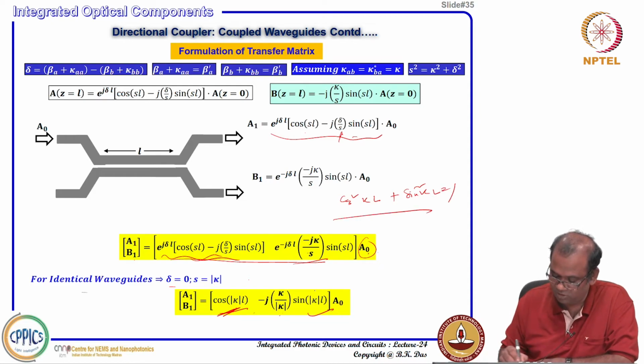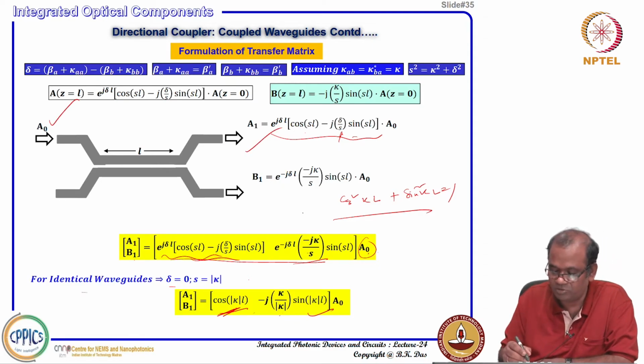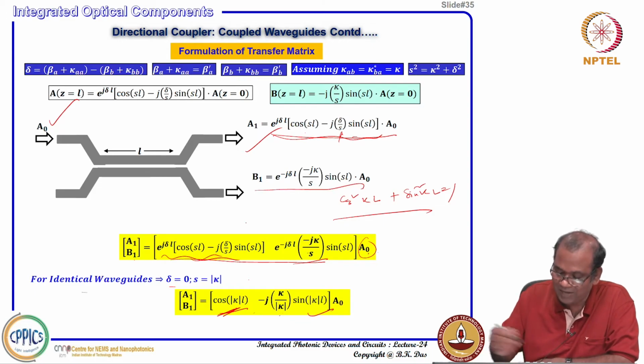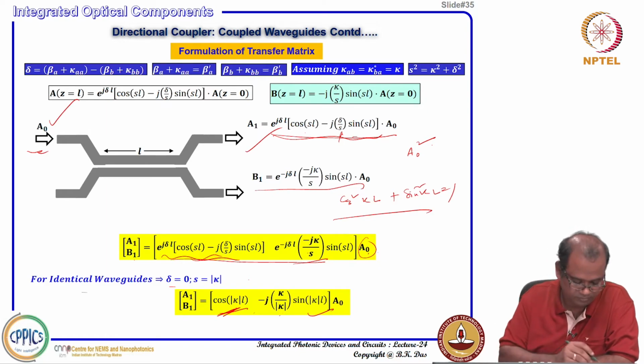If that is equal to 1, it means whatever power you launch here is what you get. Even for delta not equal to 0, if you multiply by the complex conjugate and add them together, you will get A naught square, whatever power is coming. It is a lossless solution.